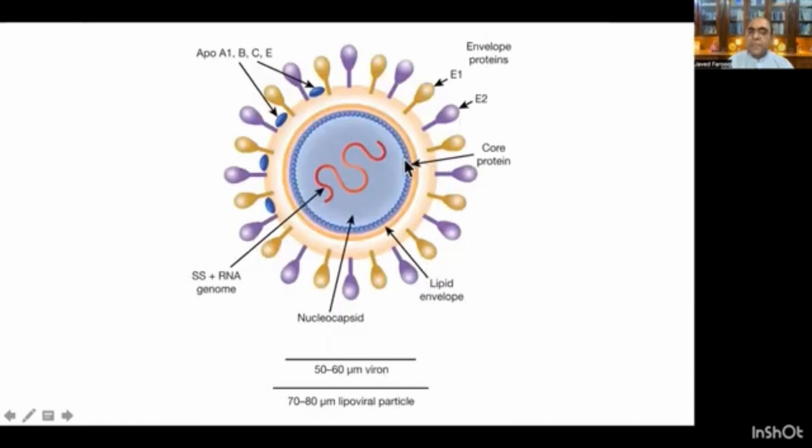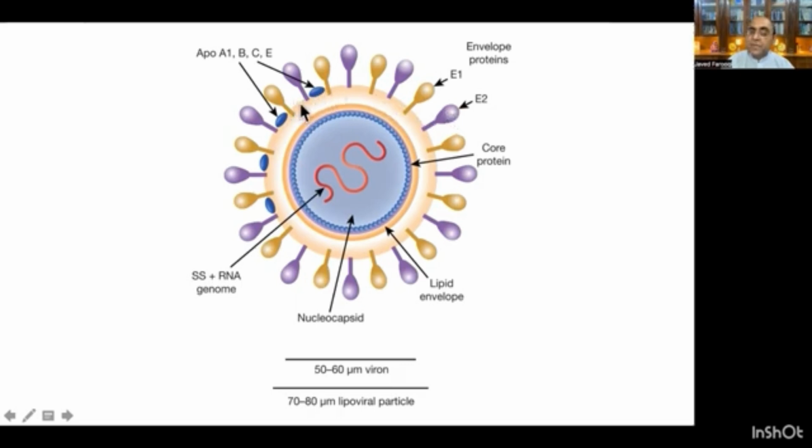If we look at the cross-section, this is the envelope of the hepatitis C virion, and it has the lipid envelope component, and projecting from the envelope are the envelope proteins, the E1 and the E2. The brown ones are the E1, and the purplish ones are the E2 envelope proteins.